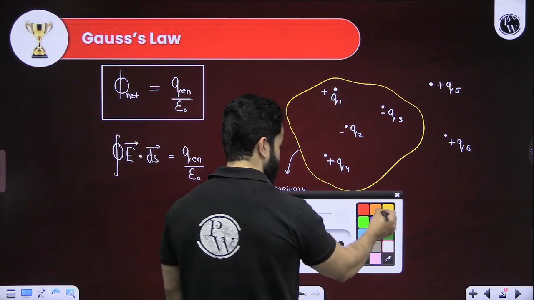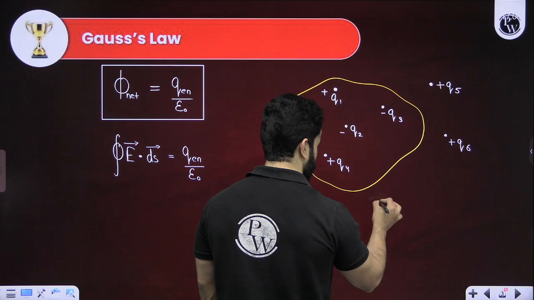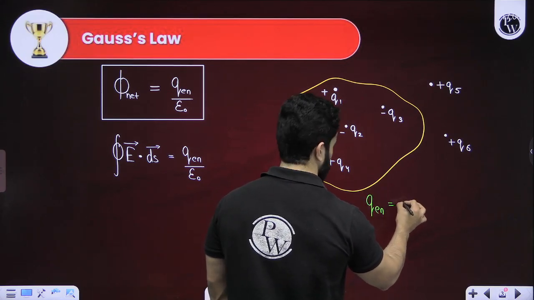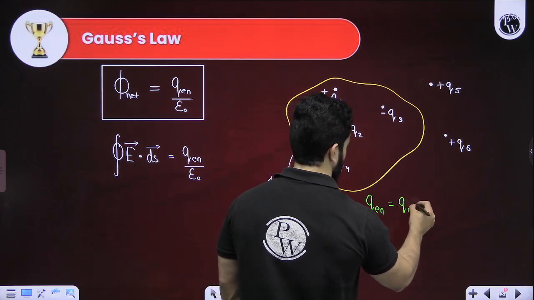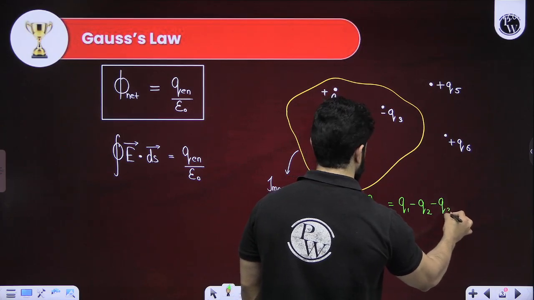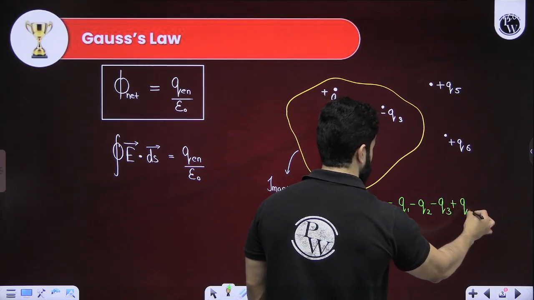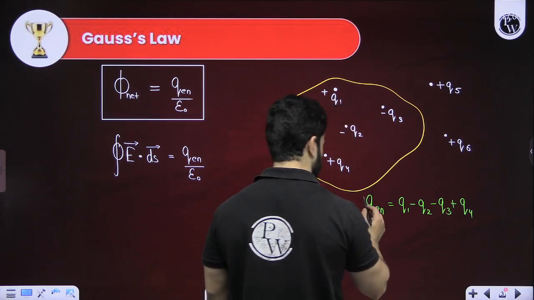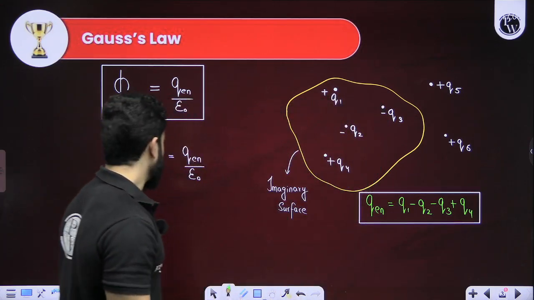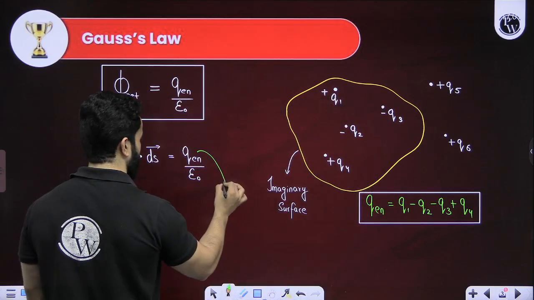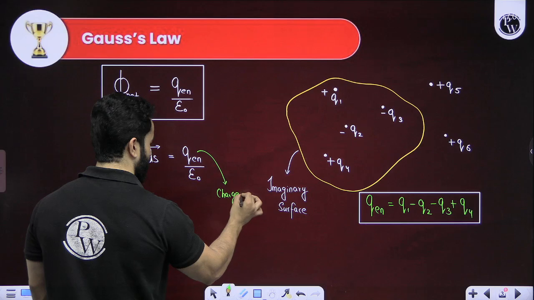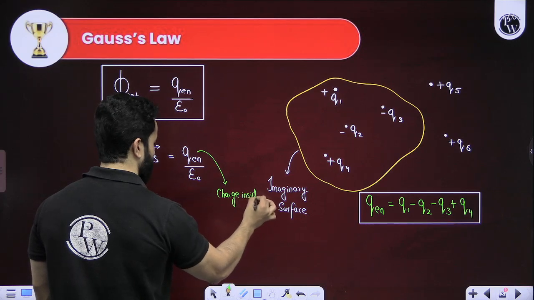In this case, enclosed charge will be Q1 minus Q2 minus Q3 plus Q4. That means we simply add all the charges along with their signs. This is the charge inside the surface.